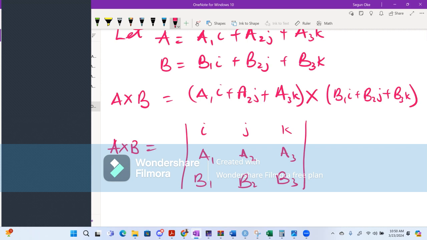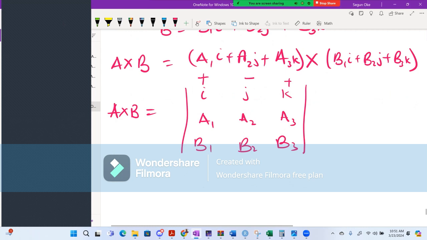But there is one thing you need to know. There's this sign we normally use. This one is positive, this sign is negative, this one is positive. That's part of the law for the matrix.